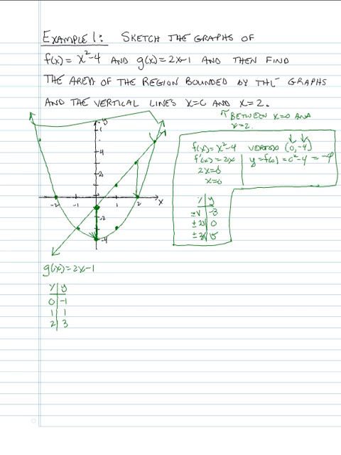Now, of course, it goes up higher than this, and it goes lower than this, but I'm only showing the region, the line segment between the two graphs, because we're looking for the area of the region that's bounded by those two graphs and those two vertical lines. So this is the region we're looking for the area of.